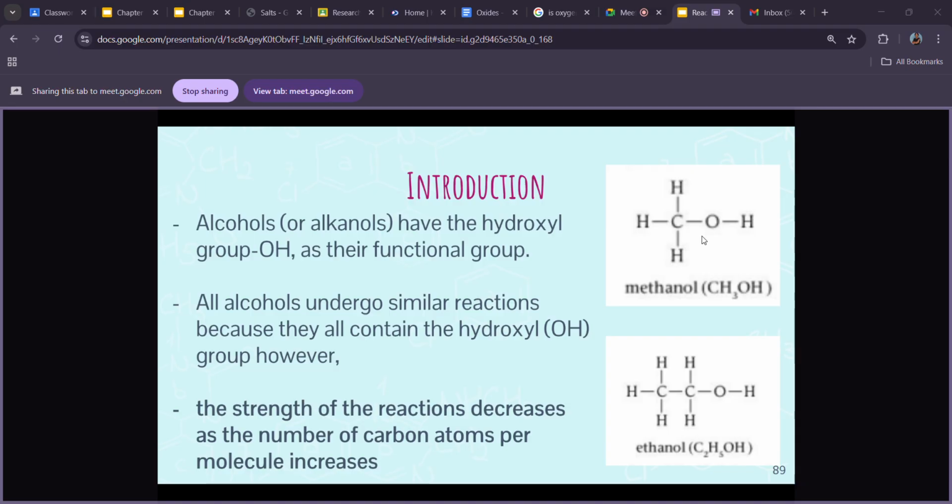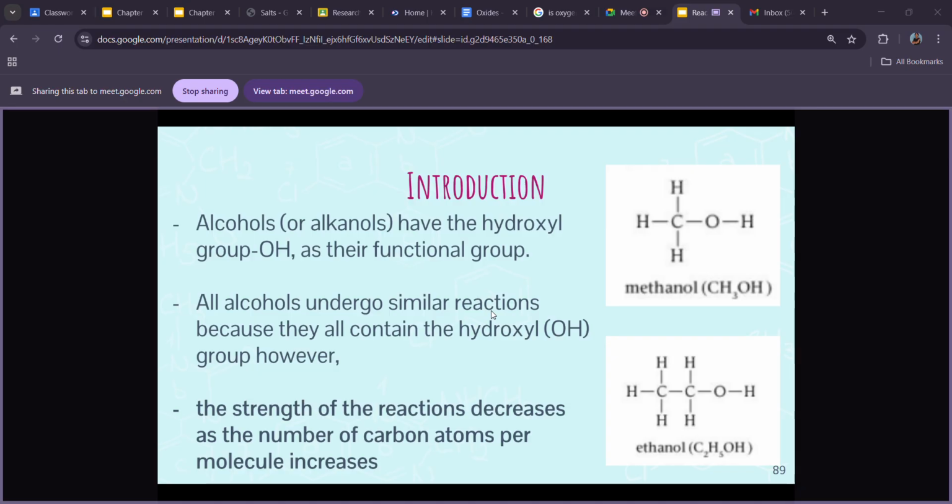Remember, one carbon is meth, right? All alcohols undergo similar reactions because they all contain the hydroxyl OH group, right? So the reactive part of alcohols, they all contain the hydroxyl group, so they react very similar. Remember that the functional group is what gives them similar reactive properties, right?